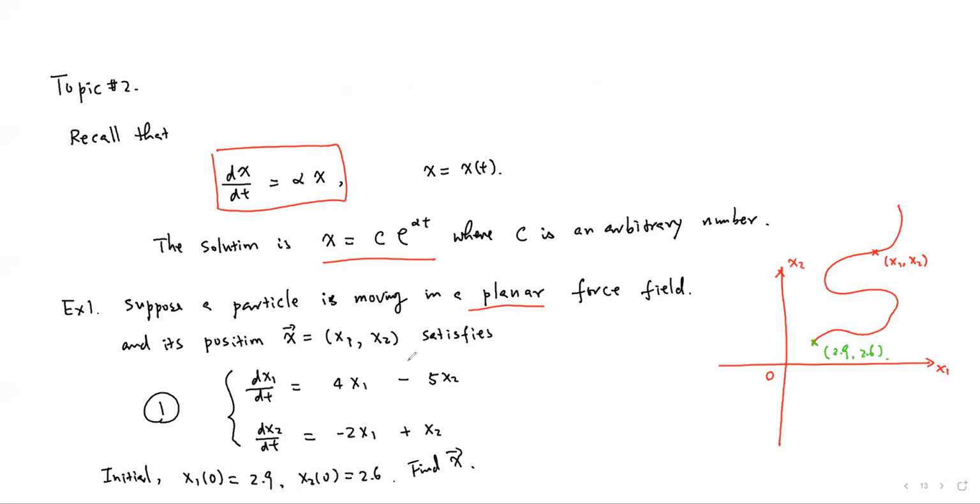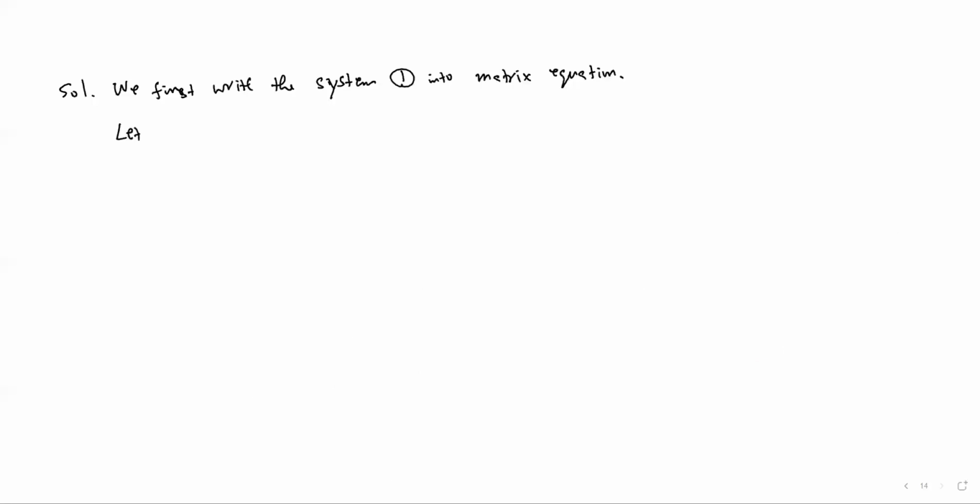Take out the coefficients of the right-hand side. Then the matrix A is 4, negative 5, negative 2, 1.